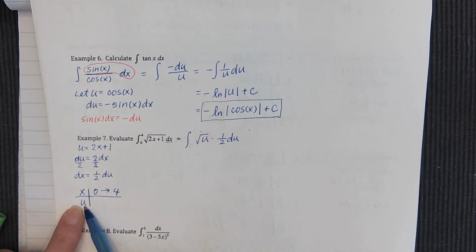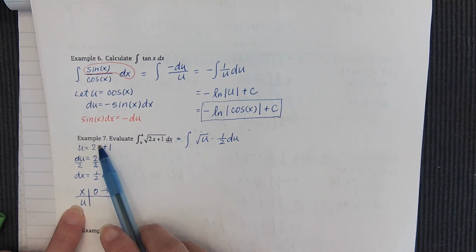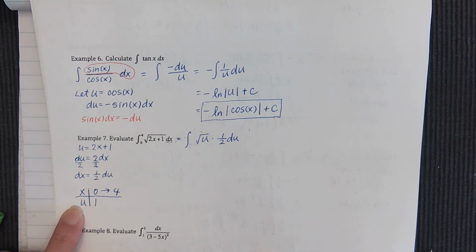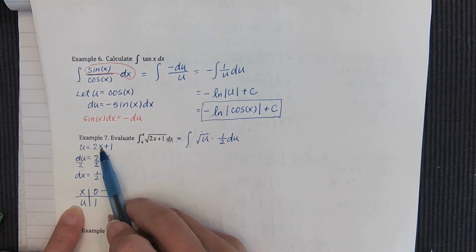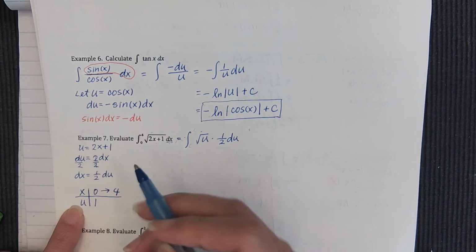How do you change to the u value? If x equals 0, what's my u value? If I put the 0 here, it's 1, because I plug in the 0 right here and the u value is 1.